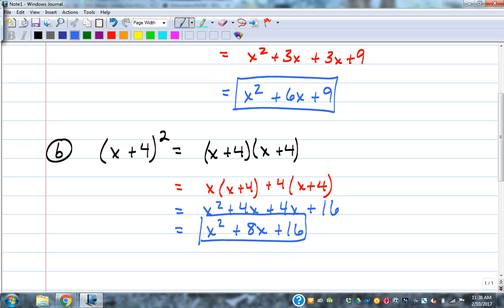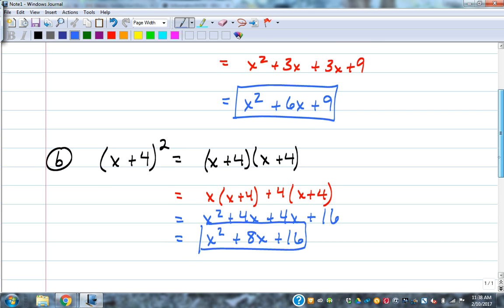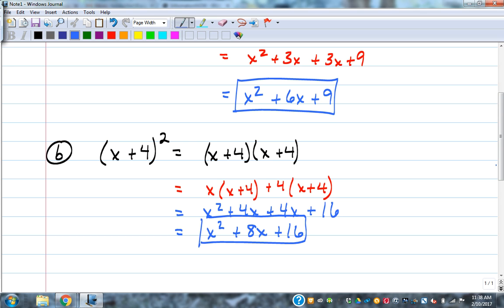Do we see anything pattern-wise picking up here? What's going on? What do you mean? Which part? So when you square x plus 4, what happens to the front piece?